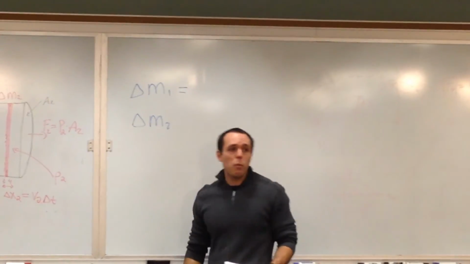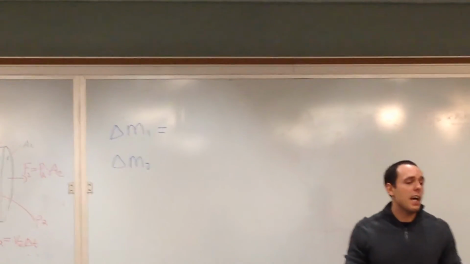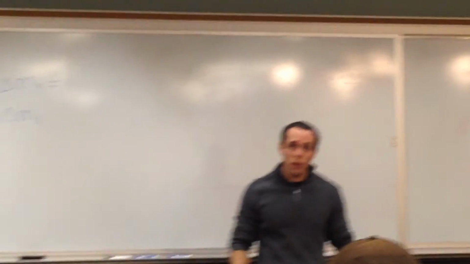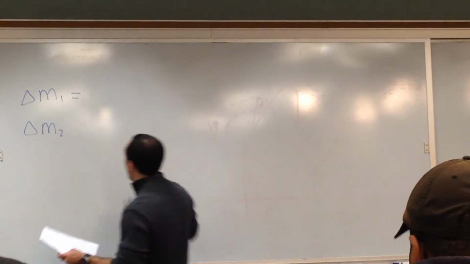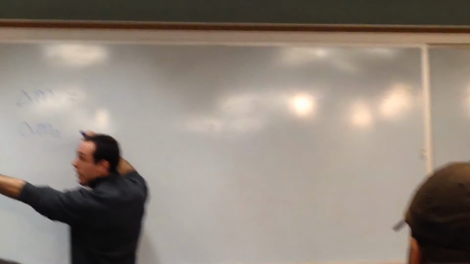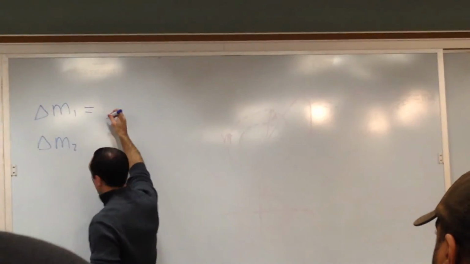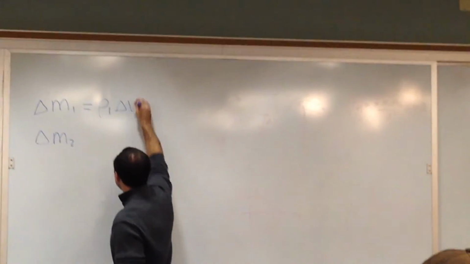We'll do it for delta M1 first, and we'll see that we're just going to replace 1 by 2 for every quantity when we go from M1 to M2. This small element of mass, delta M1, just by the definition of mass, volume, and rho, the mass density, is equal to the mass density in tube 1, rho 1, multiplied by this change in volume.